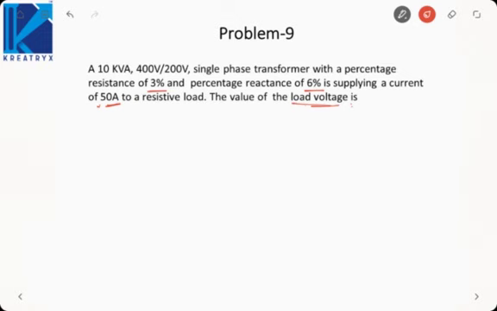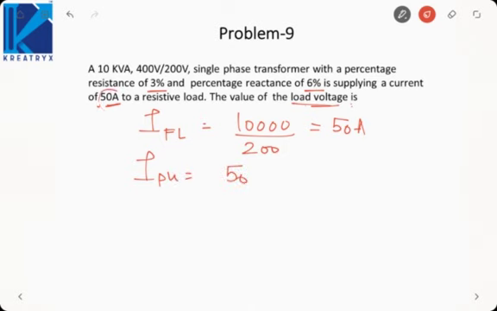Secondary side is 200 volt side. So I full load will be 10,000 by 200, that is 50 ampere. So if I want to find per unit current, I will take this current 50 ampere divided by the rated current, that is 50. So it is 1 pu.